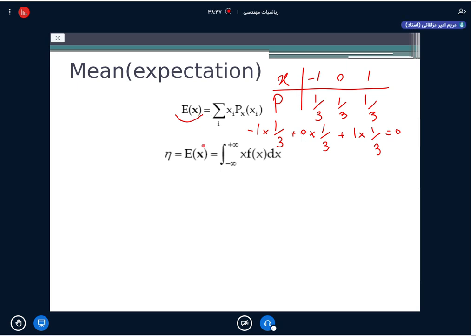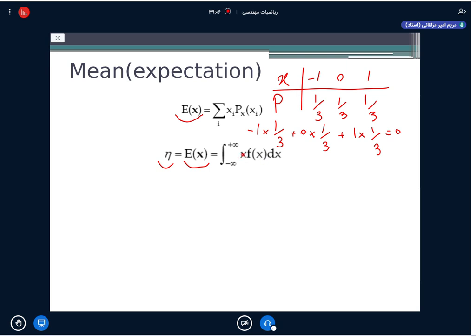But if x is continuous, this summation is changed to an integral. For continuous random variables, we also use this notation to denote the expectation of x or mean of x, and it's equal to the integral of x times f_X(x).